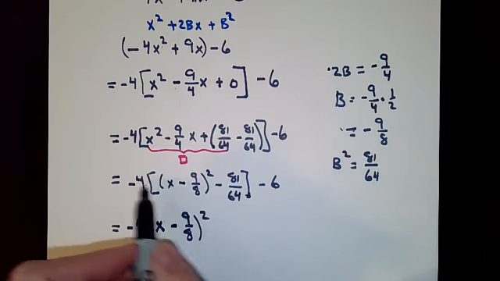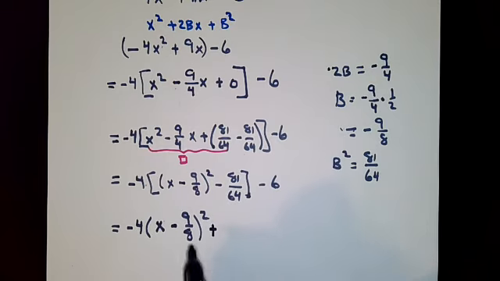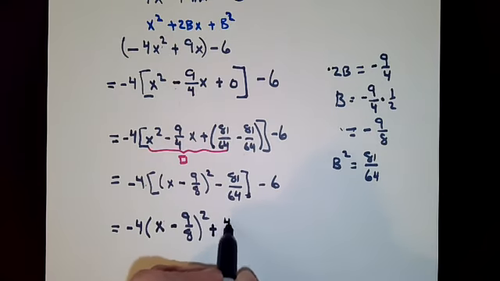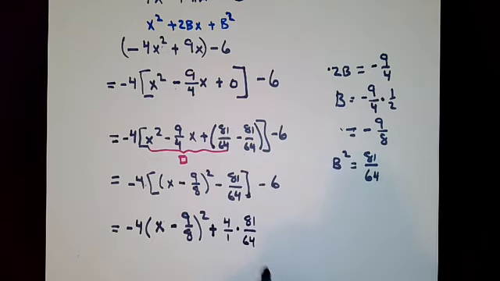But we do take the -4 times the -81/64. Well, negative times negative gives you a positive. And so we'll have 4/1 times 81/64. We still have the -6. 4 and 64, they're both divisible by 4.